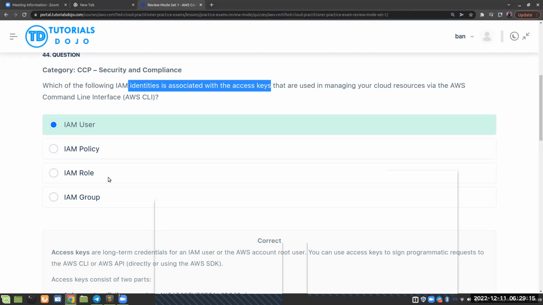I know you people will know it, but it's always good learning to explain. An IAM role is an identity with a permission policy that determines what the identity can and cannot do in AWS. Yeah, right. It has an IAM policy.